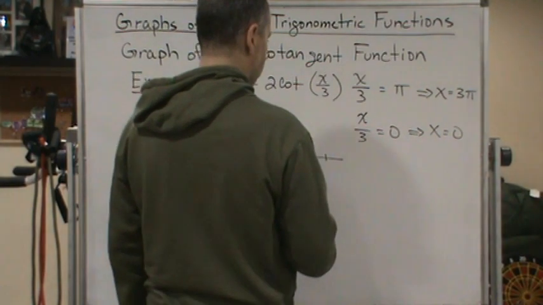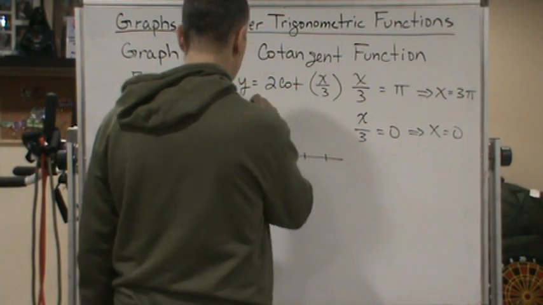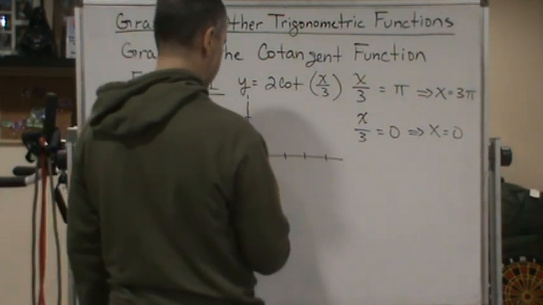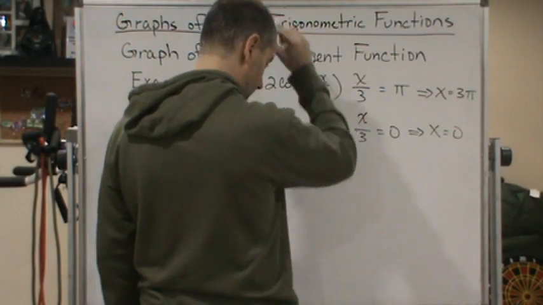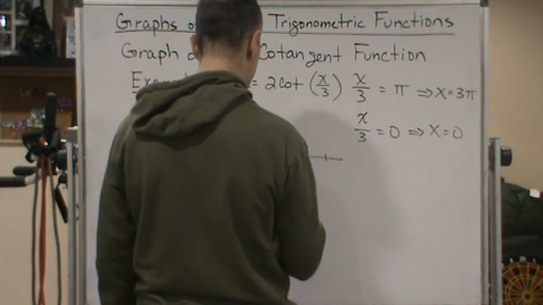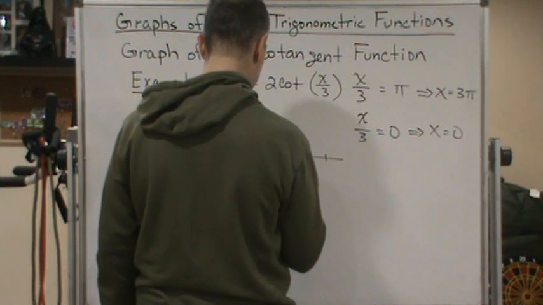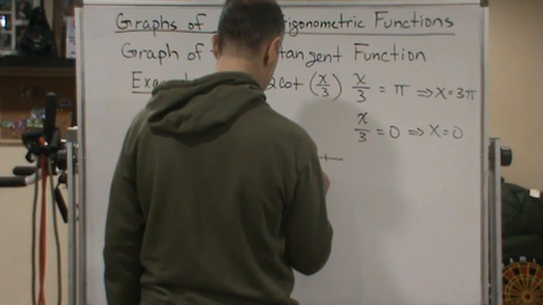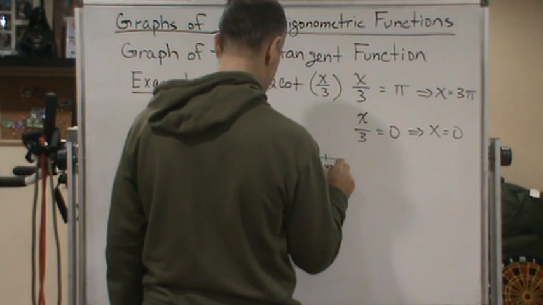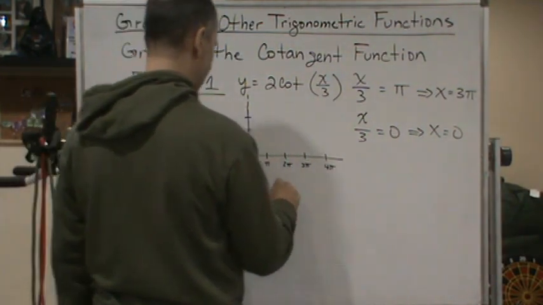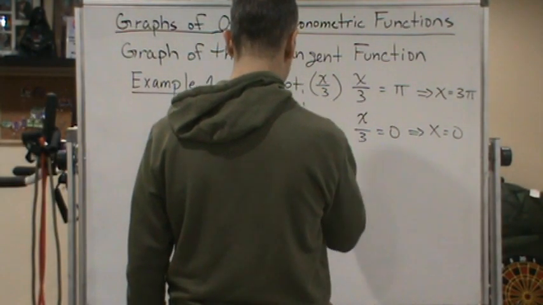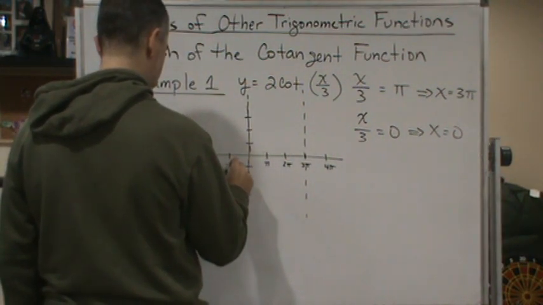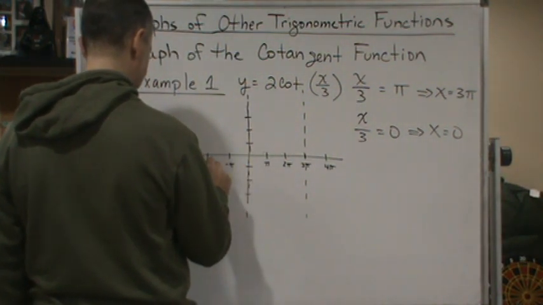Okay, so we've got 0, so the y-axis is an asymptote. We're just going to go up by pi, so 3 pi is an asymptote, and then of course negative 3 pi would also be an asymptote.